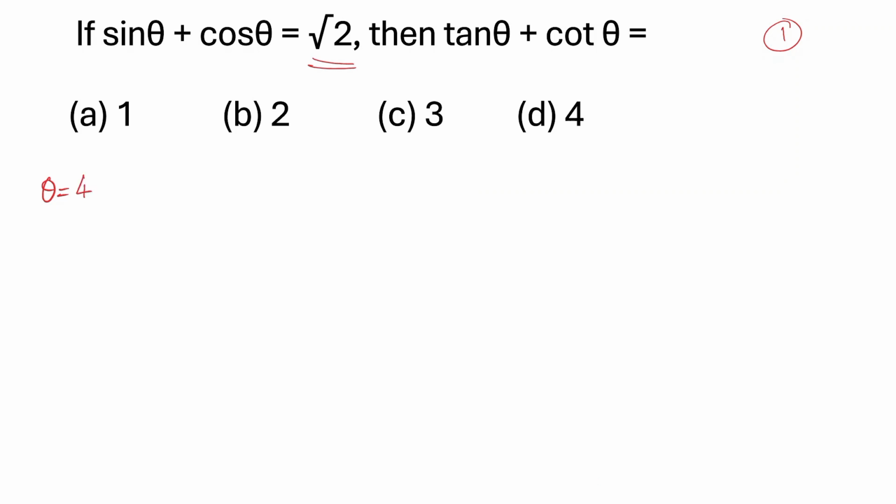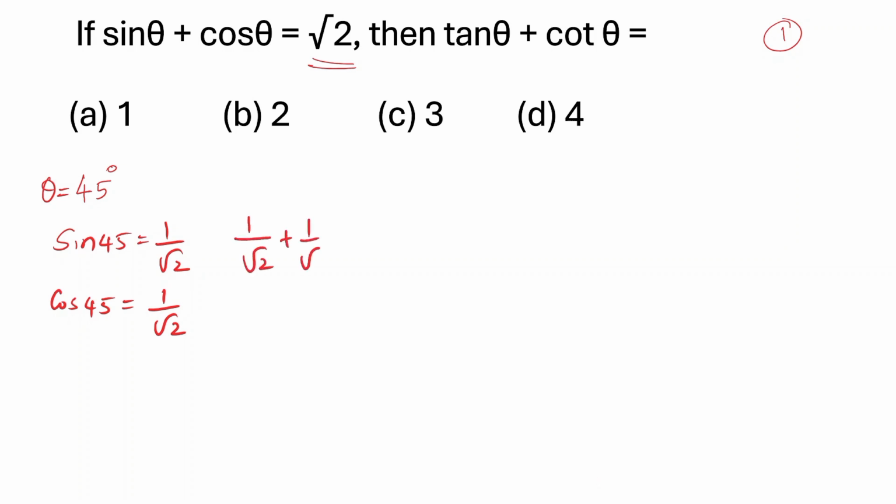If I guess it as 45 degree, because I know sin 45 is 1 over root 2 and cos 45 also 1 over root 2. If I add both of them, I'll get 1 over root 2 plus 1 over root 2, which is root 2. So exactly the value of theta is 45 degree, right? Sin 45 plus cos 45, I'm getting root 2.